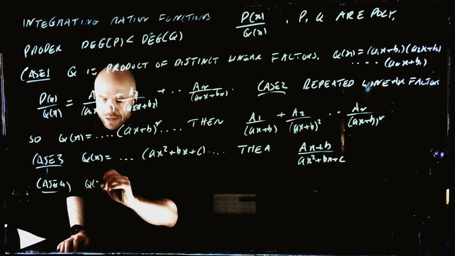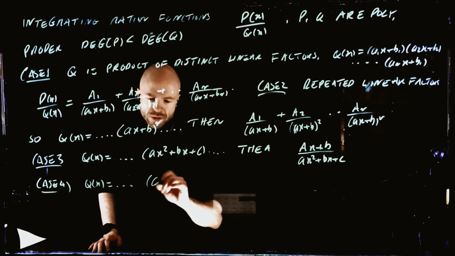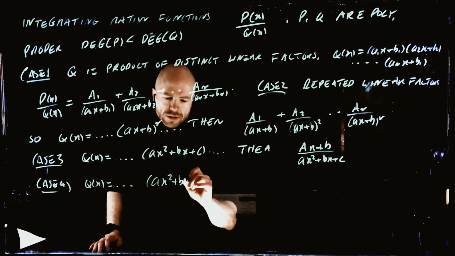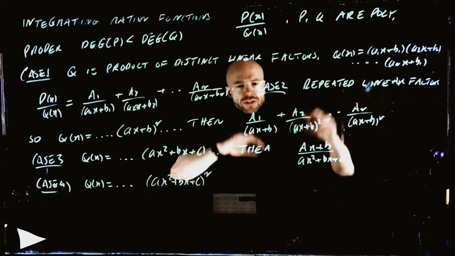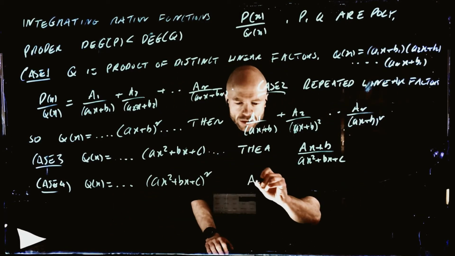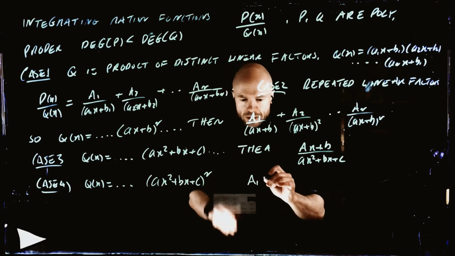So we have q of x equals (ax squared plus bx plus c) to some power. And then it's sort of similar to case 2 in that we have to put in these coefficients dealing with each one of these powers.